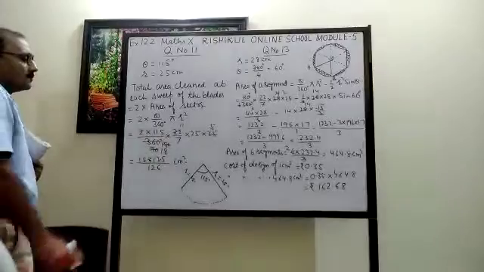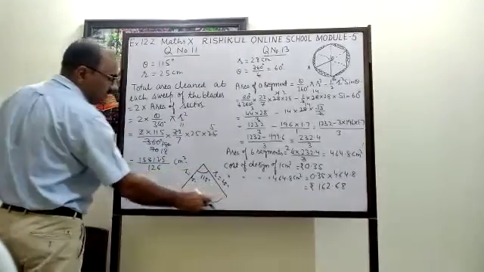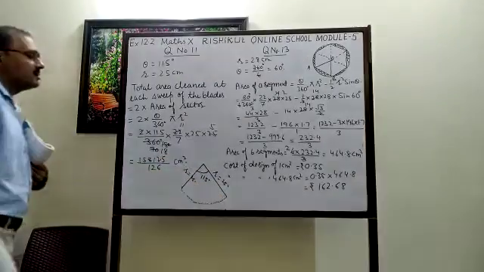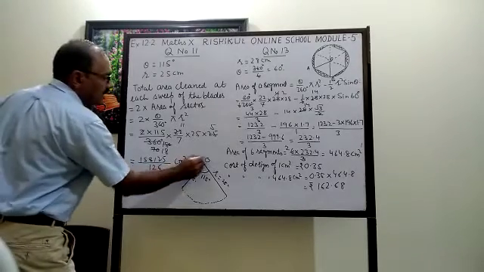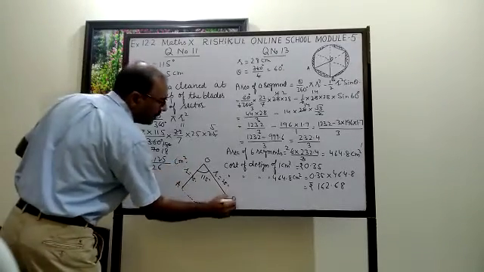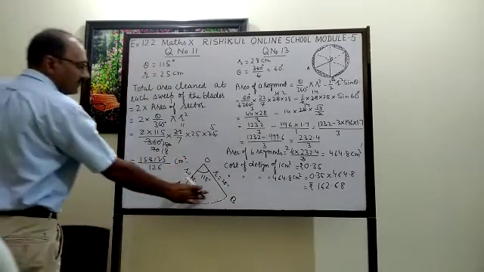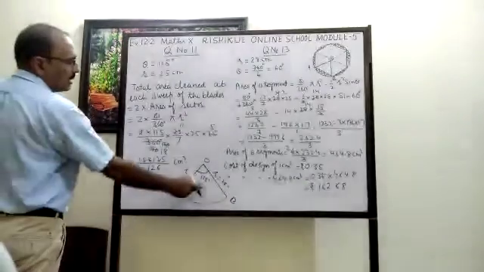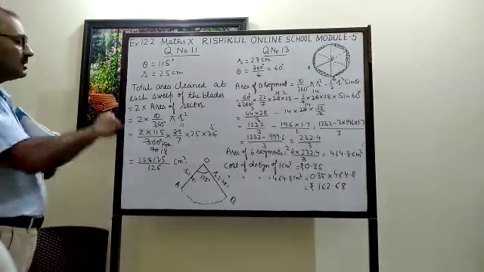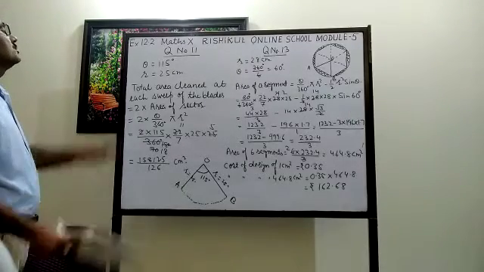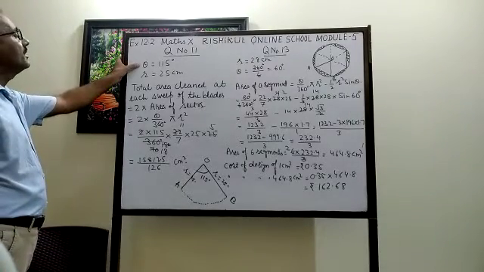So this blade covers this area. This area is in the form of a sector, covered by one blade, and the area of this sector will be theta upon 360 pi r square, and two blades are there, so multiply by 2. So theta here is 115 degree.